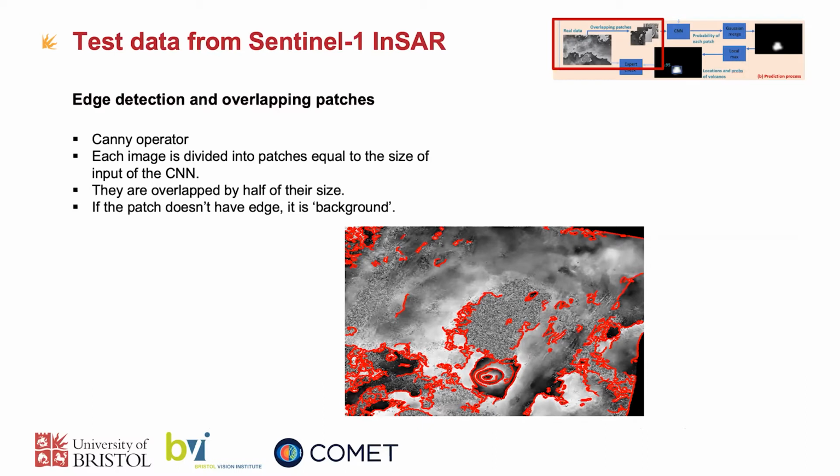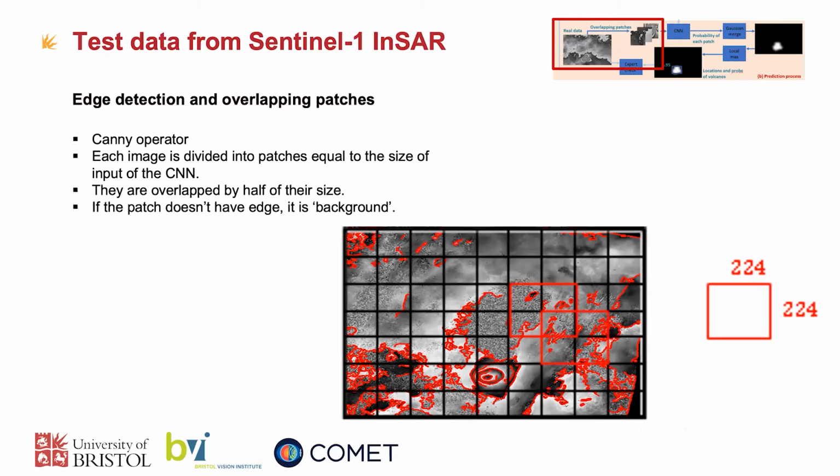It's not going to be a deformation signal. Then we divide this interferogram into overlapping patches, and each overlapping patch is fed into the model to give the output as the probability of being deformed.